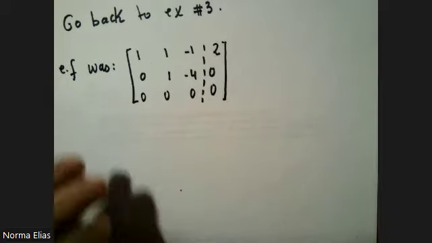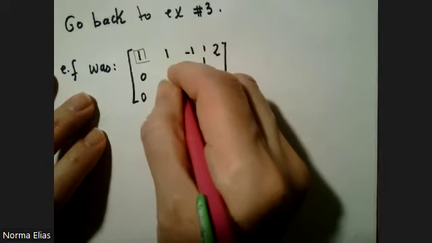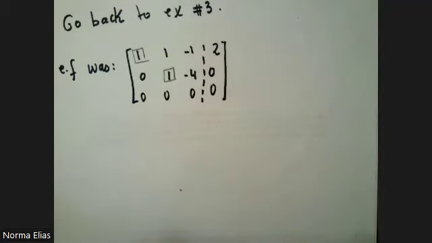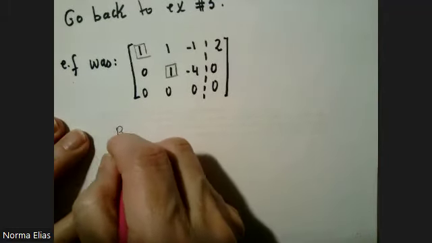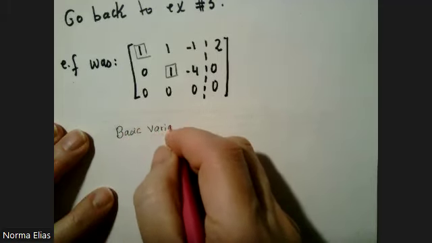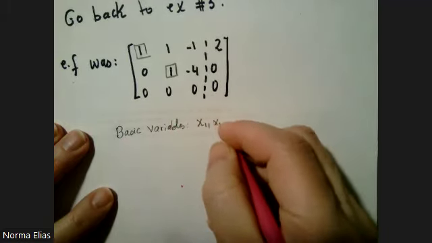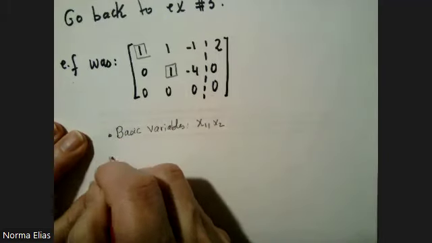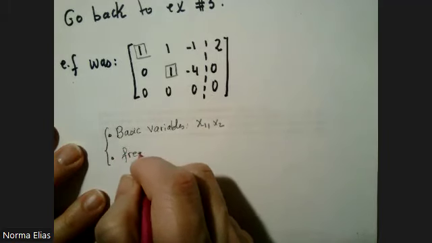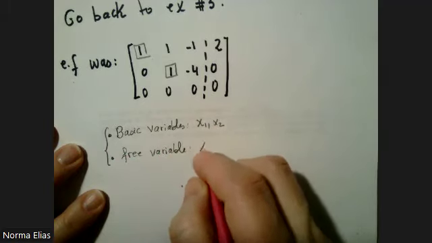Now what we have to do is pick the basic and the free variables. There is a leading entry here, and there is no leading entry there. That's how we will solve the system systematically. So the basic variables are x1, x2. The free variable is x3.